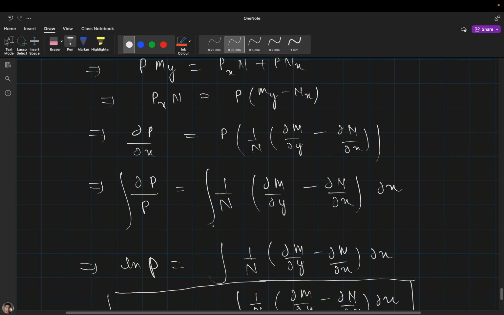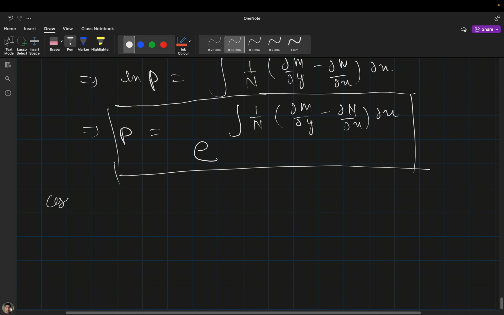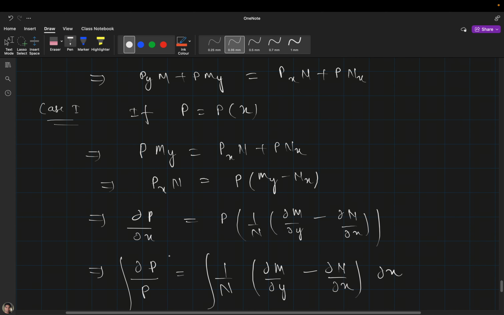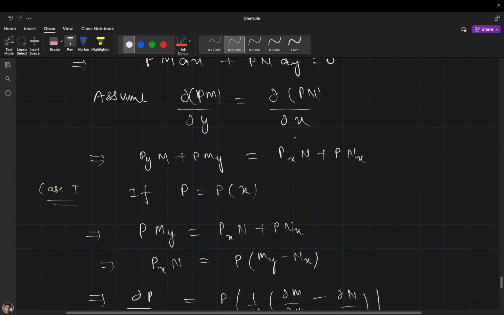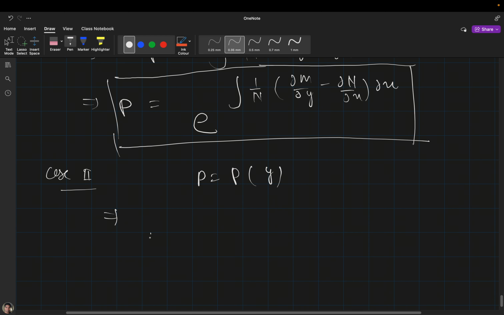And what if case 2? If P is a function of y, then what will happen? In that case, you will see that this term will become 0, and you will get P equal to e raised to the power 1 divided by m, and the sign will be reversed.